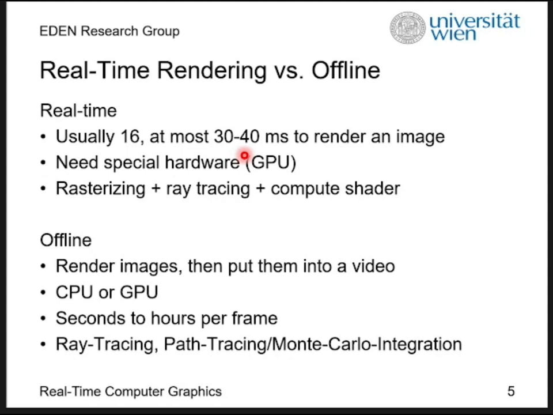There are basically three ways you can do this. One is to use a rasterizer. We will see this on the next slide. Another thing that has been developed in the last like 4 or 5 years is to throw a ray tracer into the mix, which is a completely different way of looking at things. And finally, which is something which is sometimes overlooked, you can also do ray tracing or even rasterizing by using a compute shader, which is kind of a general purpose way of computing.